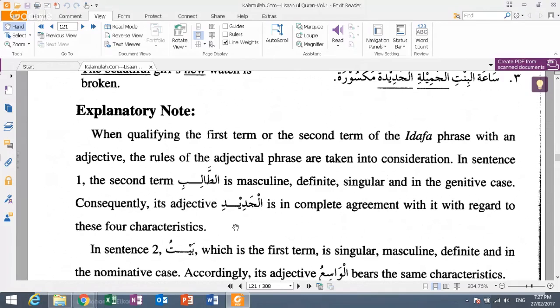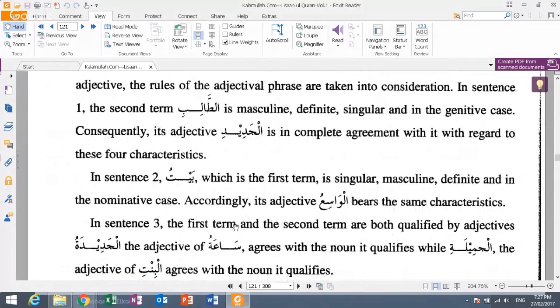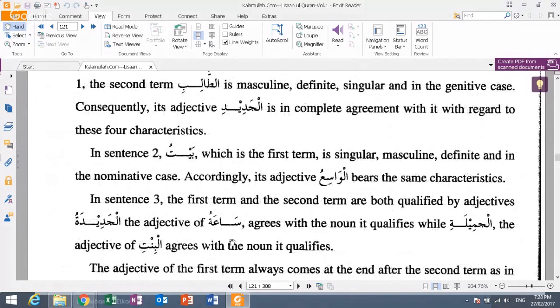Understand everyone? Alhamdulillah. In sentence 2, baytu, which is the first term, is singular, masculine, definite, and in the nominative case. Accordingly, its adjective al-wasi'u bears the same characteristics. In sentence 3, the first term and the second term are both qualified by adjectives. Al-jadidatu, the adjective of sa'atu, agrees with the noun it qualifies, while al-jamilati, the adjective of al-binti, agrees with its noun.